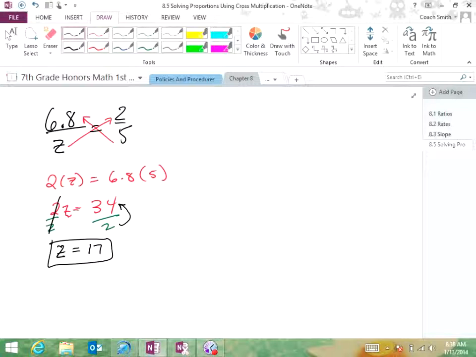Okay, so I want you to try this one on your own. A over 4 is equal to 3.5 over 2.